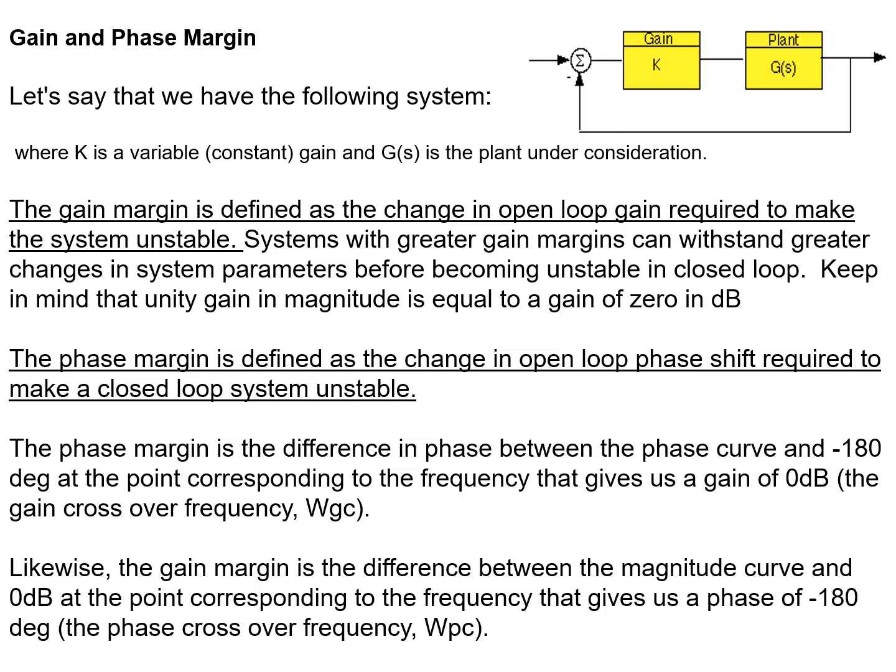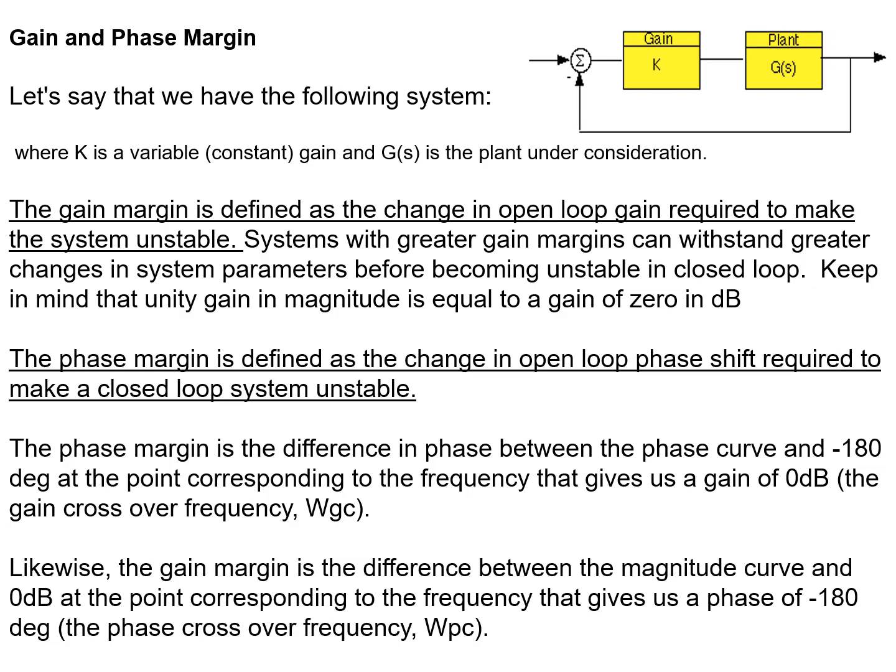Keep in mind that unity gain in magnitude is equal to a gain of 0 dB. The phase margin is defined as the change in open loop phase shift required to make a closed loop system unstable.